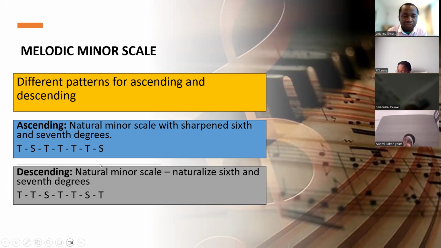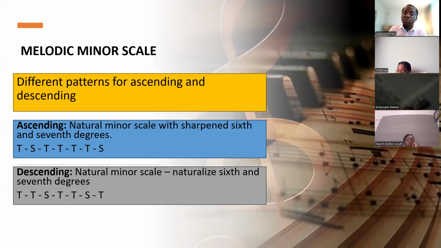So the descending of the melodic minor is the same as the natural minor descending. So whatever you have as your descending for natural minor is the same thing as your descending for melodic minor.